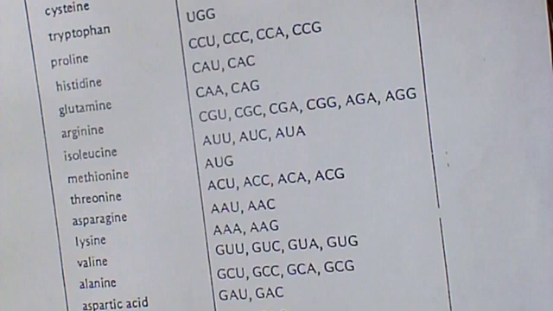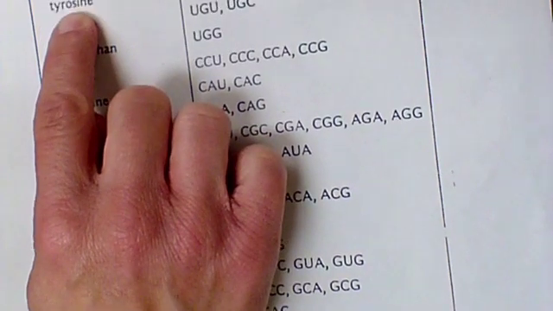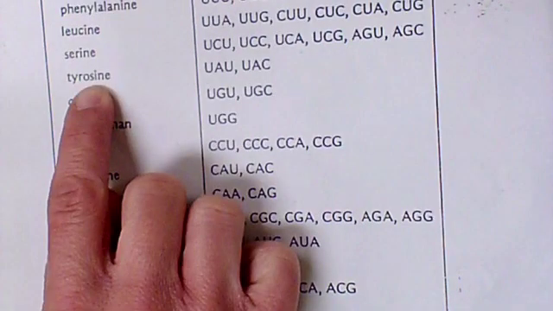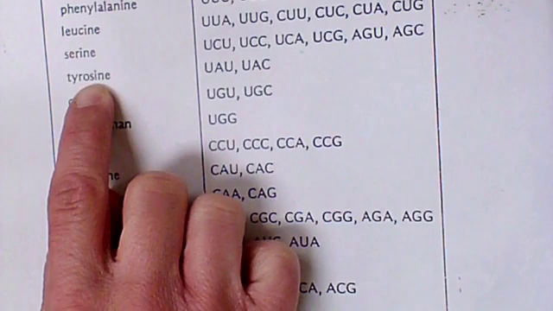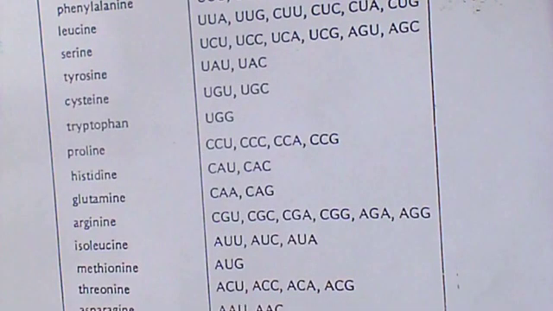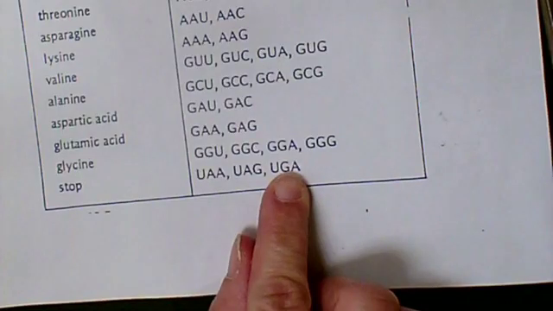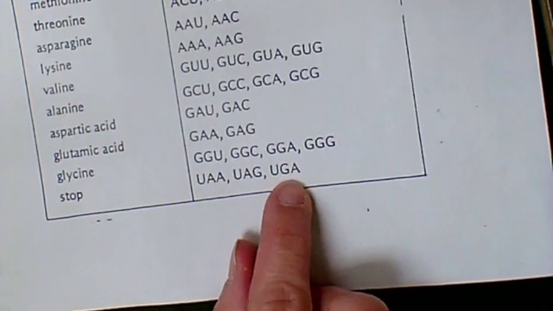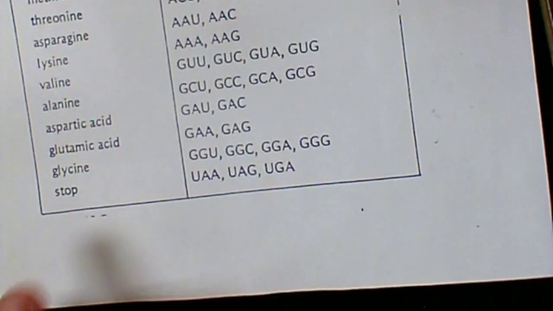Have you found it? Oh, I found it. So tyrosine. Okay, so I write that. And then UGA. Oh, down here, stop. That's not an amino acid. That's curious, and we'll talk about that. So stop is what you will write.